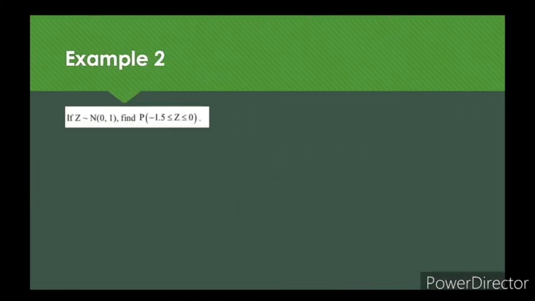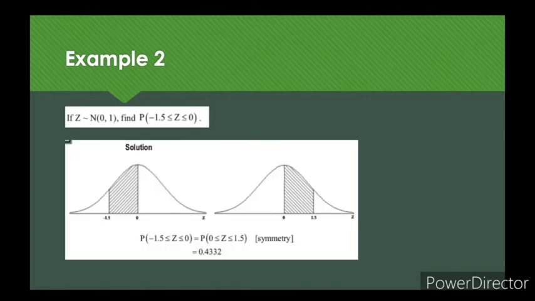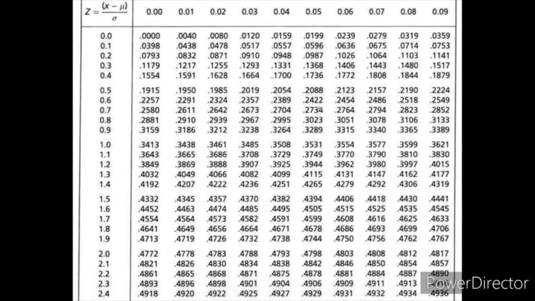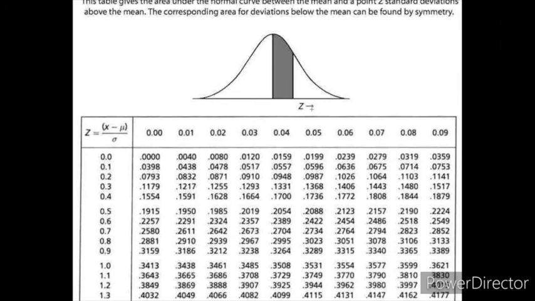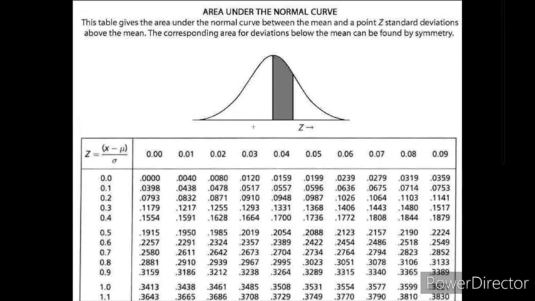Now, what if it is negative? Example number 2: finding the probability of z from negative 1.5 to 0. Remember that the normal distribution curve is symmetric. This table only shows positive numbers; we don't have negative numbers here.